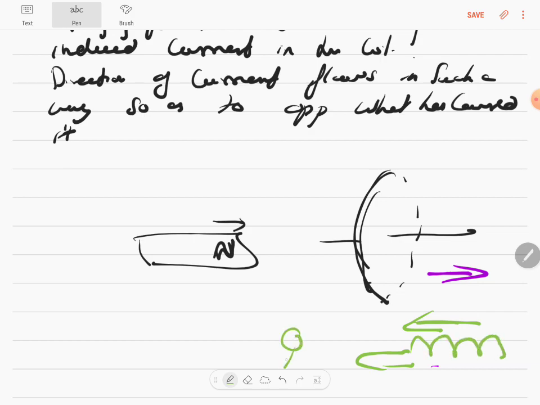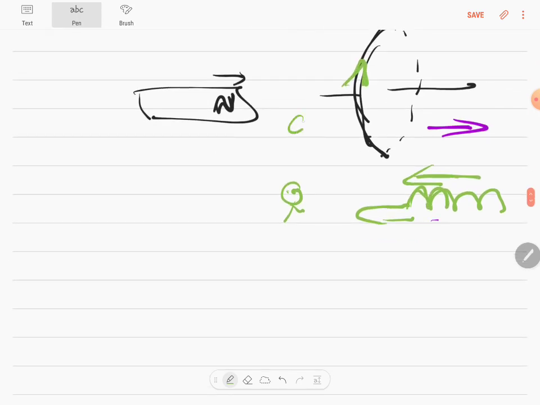When you keep your head here and look at it from the right side, it shows that it is anti-clockwise, that is, current is going from outside to inside. When viewed from here, it is actually anti-clockwise.